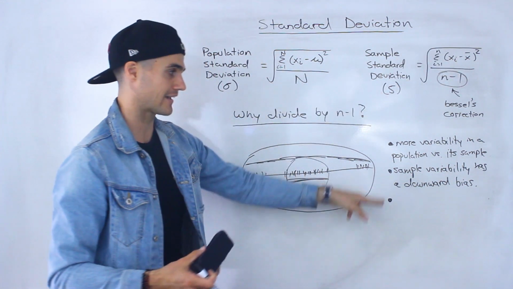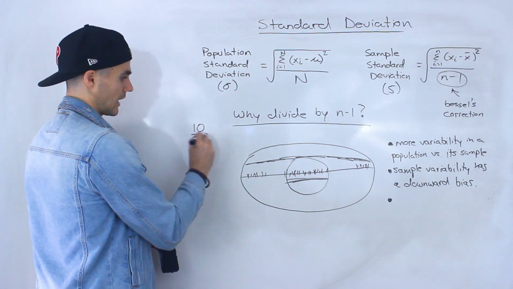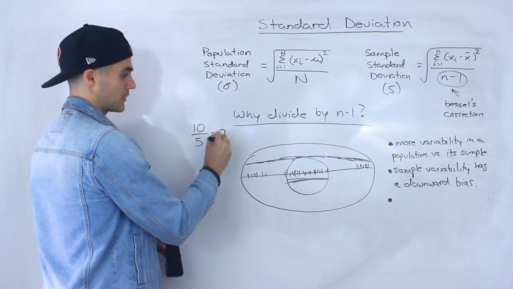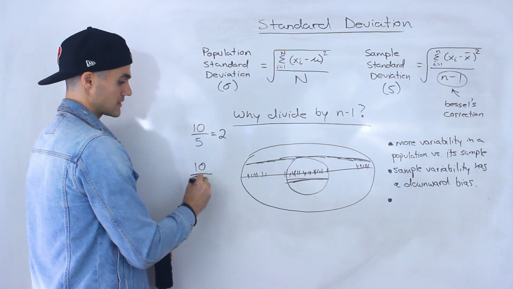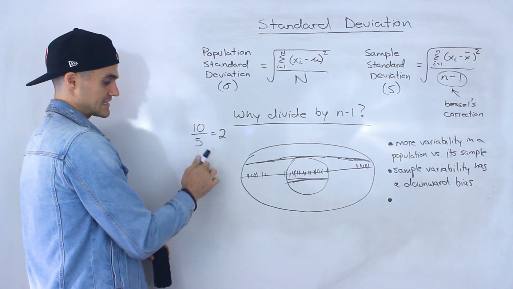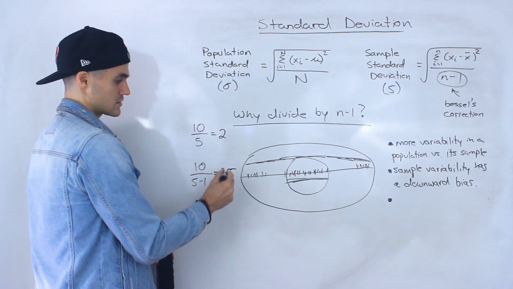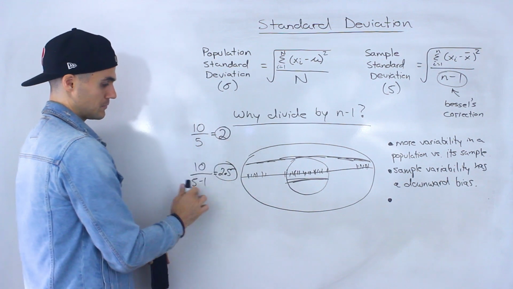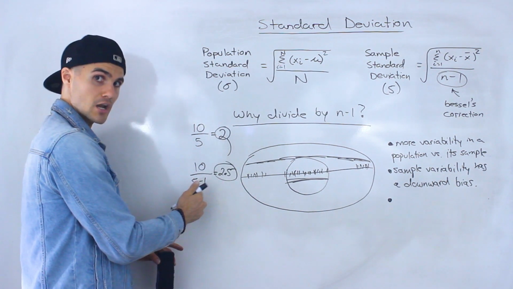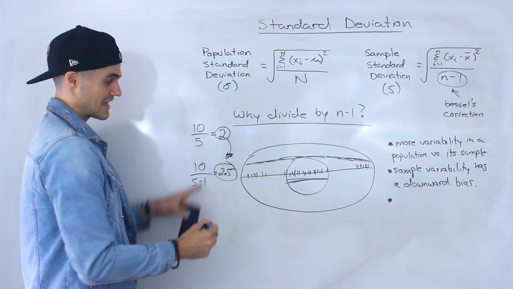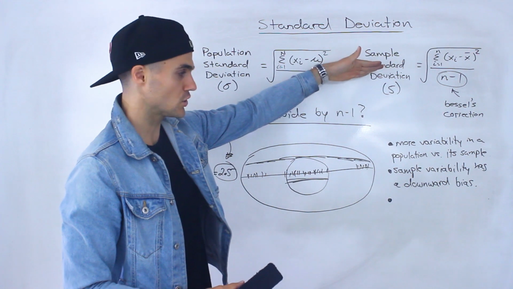Because if you think about it, let's say we take 10 and we divide it by 5. That would give us 2, right? But what if we take 10 and divide it by 5 minus 1? Well, we're going to be taking 10 and dividing it by 4 now, which would give us 2.5. So notice how that final number, because we're dividing by a smaller denominator, makes that value go up. So it's going to make that sample standard deviation go up.